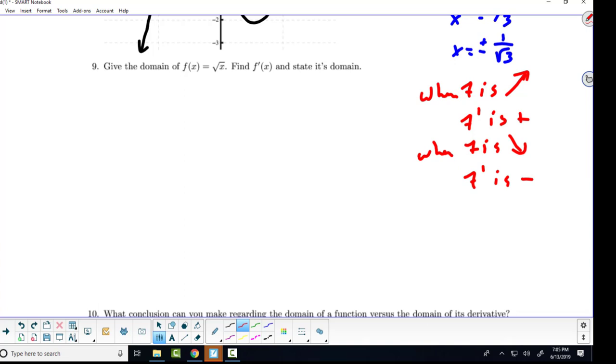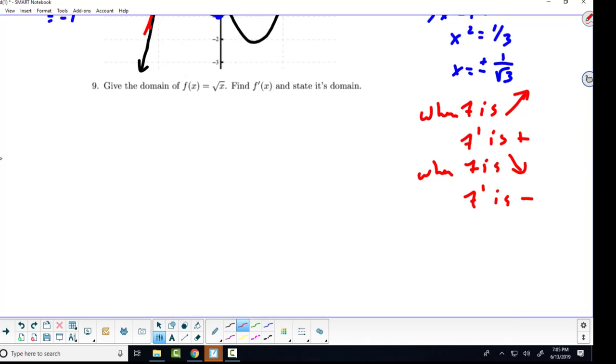Okay. What you don't want to say, one more time, is "when it's increasing, it's positive," because you're going to confuse yourself. You want to say when the function is increasing, the derivative is positive. Or when the derivative is negative, the function is decreasing.